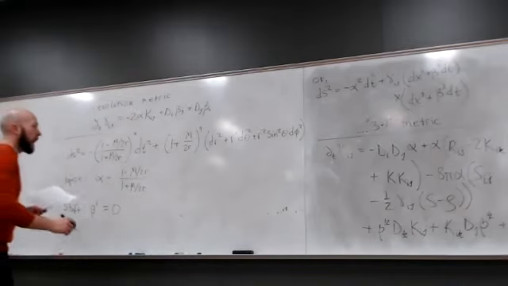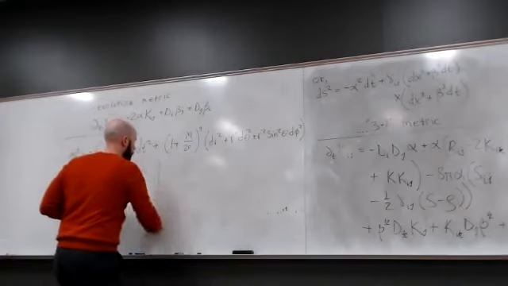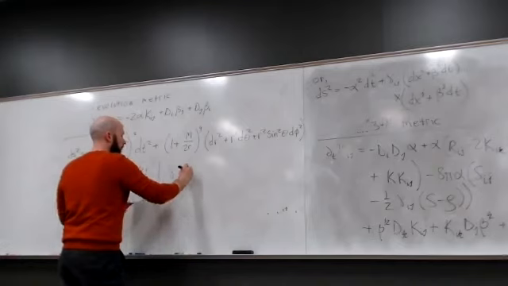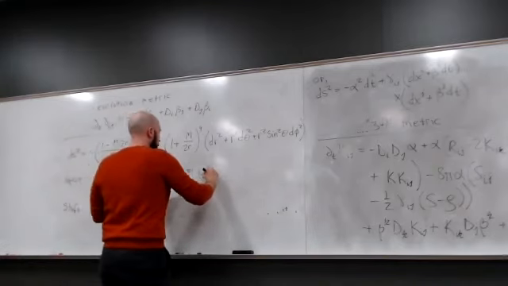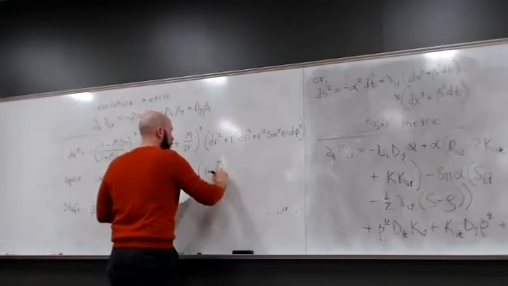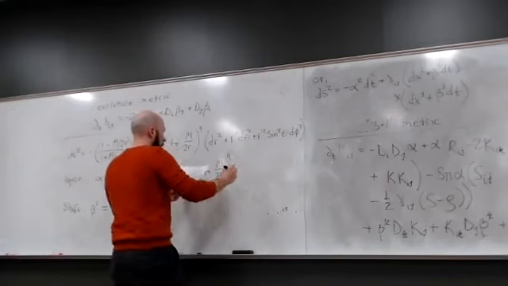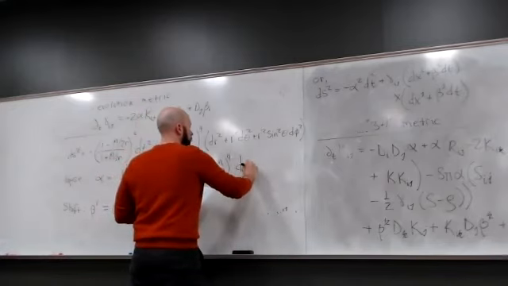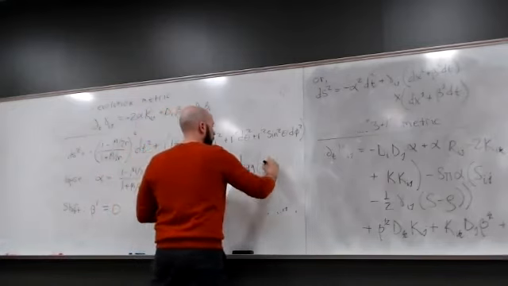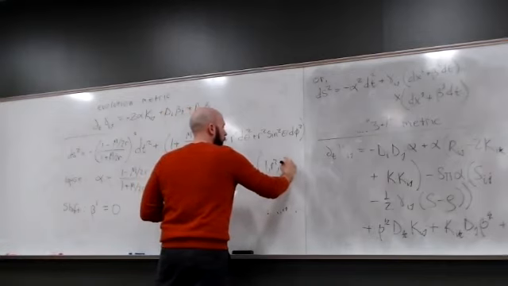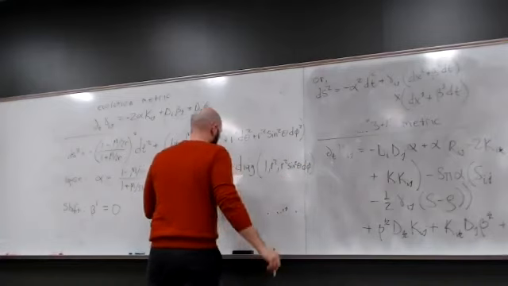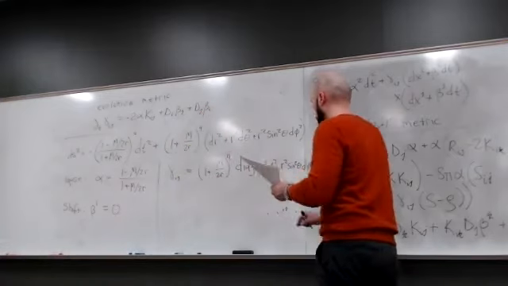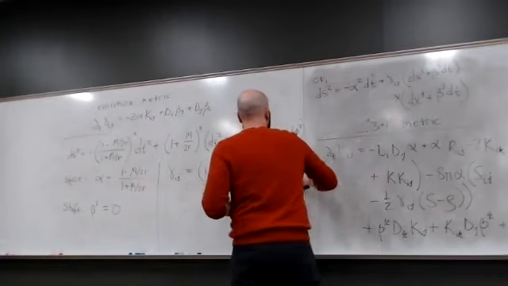Okay. The spatial metric, gamma ij, is going to be equal to 1 plus m over 2r to the 4th, all times a diagonal matrix of 1, r squared, r squared sine squared theta. No, not d phi. I don't need that in there.